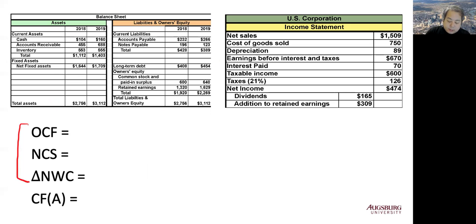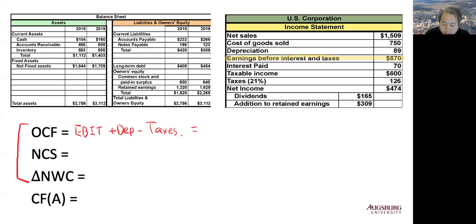Operating cash flow is EBIT plus depreciation minus taxes. So let's find it. EBIT is here, right? That's earnings before interest and taxes.